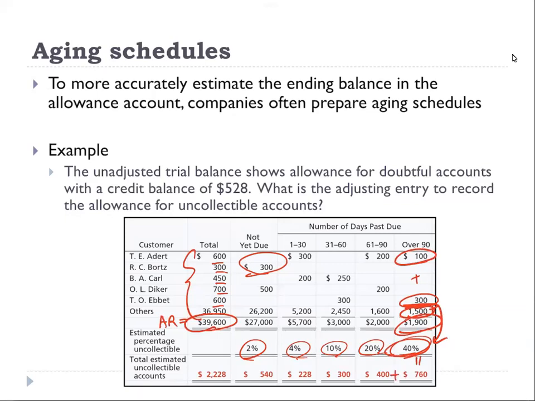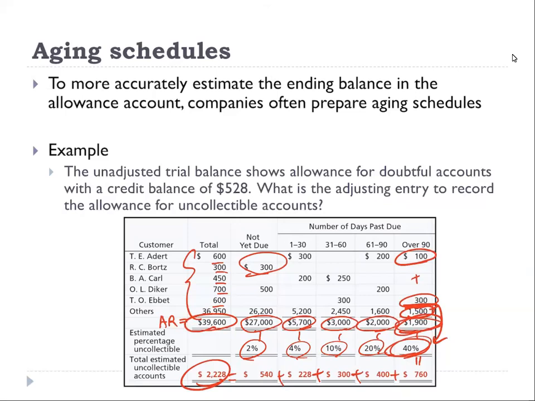Then we take the receivables in each age category and multiply them by the corresponding estimated default rate, and then we add them up. This is going to give us a more accurately estimated balance for allowance for doubtful account.